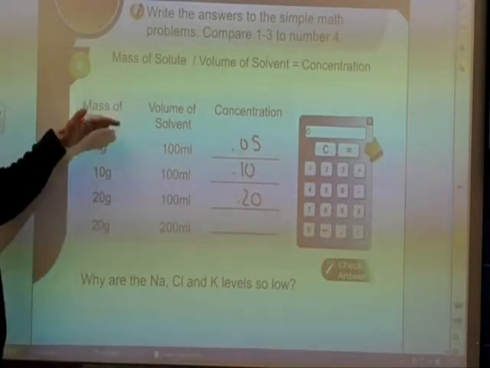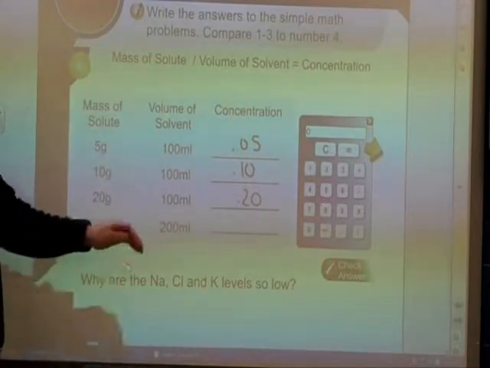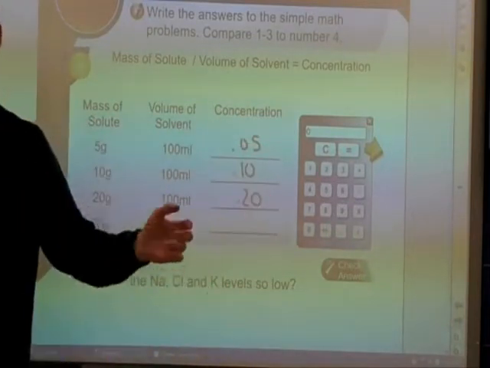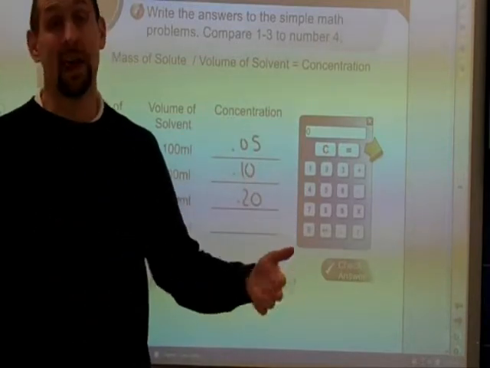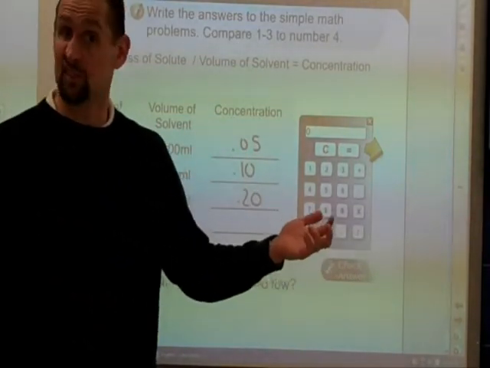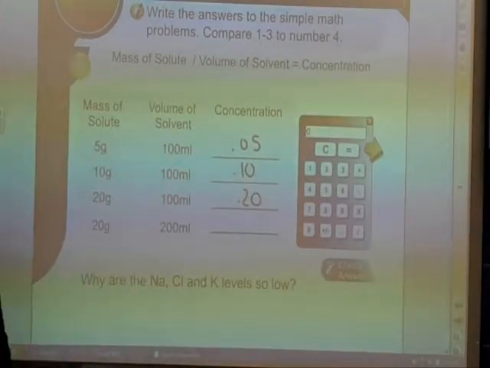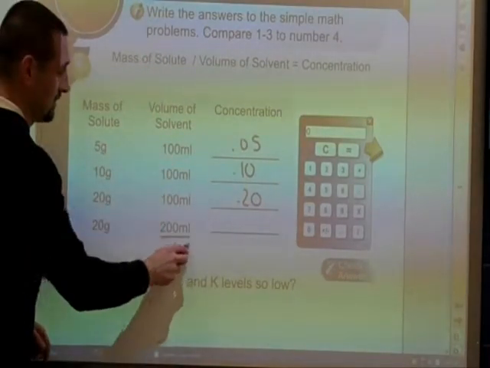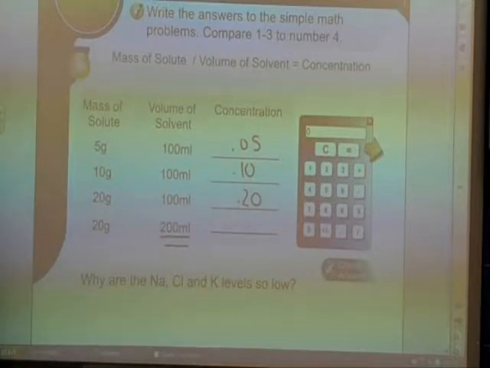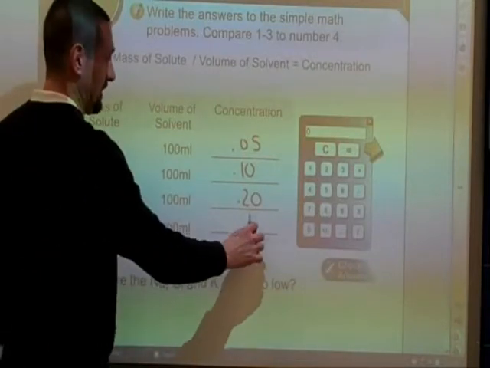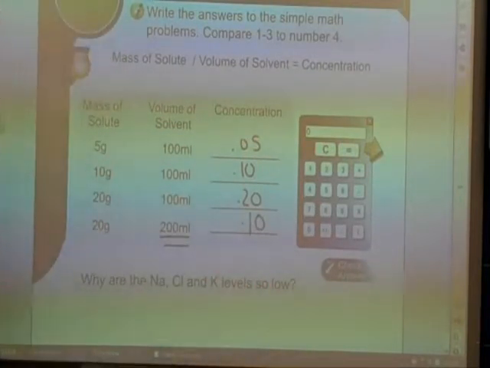So if I put more solute in, then my concentration goes up. So if I put more salt in the water, I get saltier and saltier and saltier water. The concentration of salt goes up. If I add more water, then the concentration goes down. I've diluted the water.